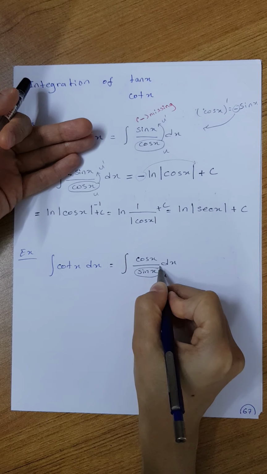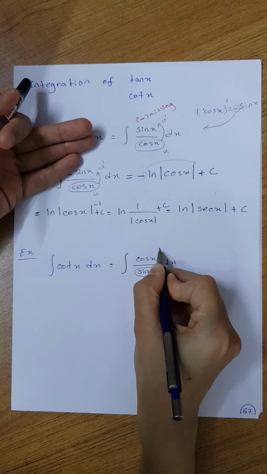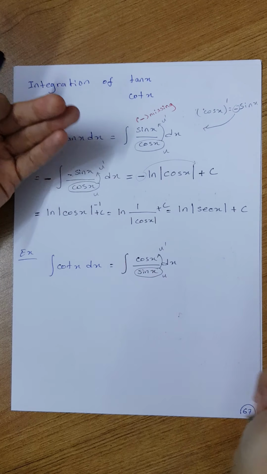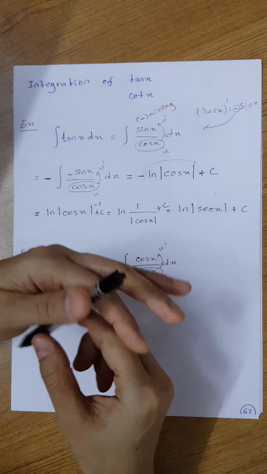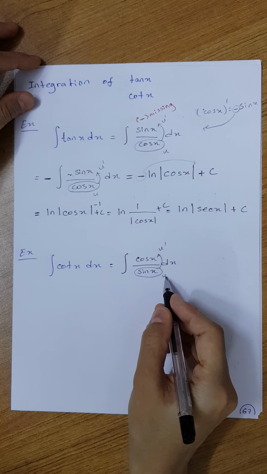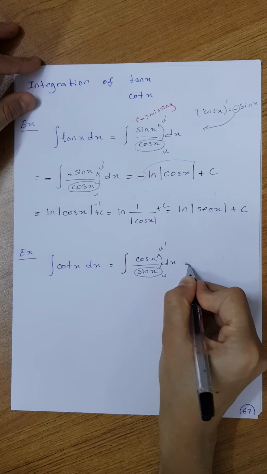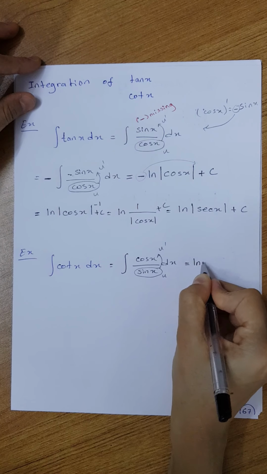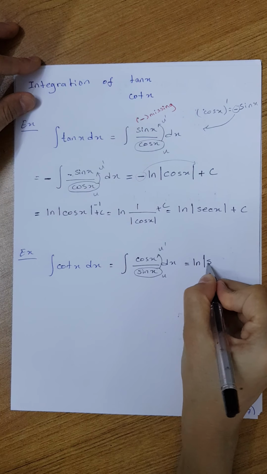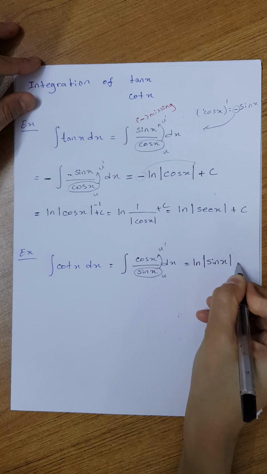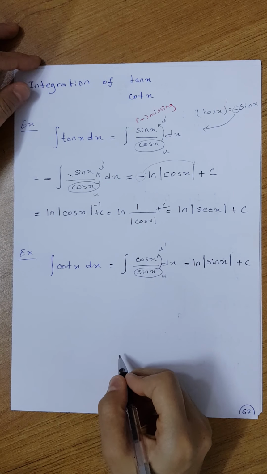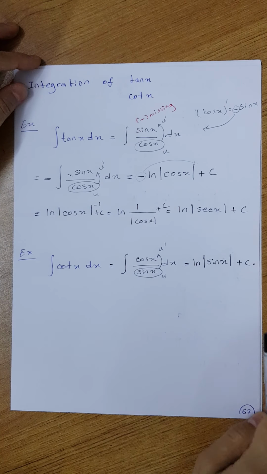What is the derivative of the sine function, u prime? It is cosine of x. So I do not need any negatives, any numbers here. I directly have the derivative of the denominator in the numerator. So that one is directly equal to what? Ln of the absolute value of the denominator, sine of x, and that's plus c. And that's the result for the integration of the cotan function.